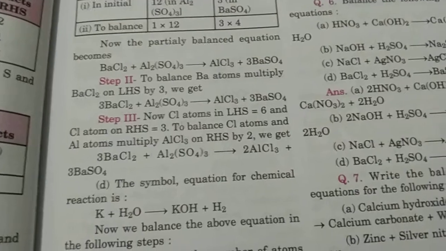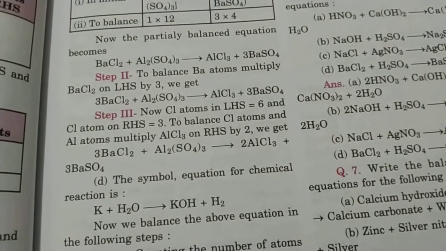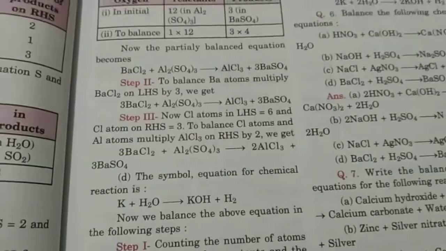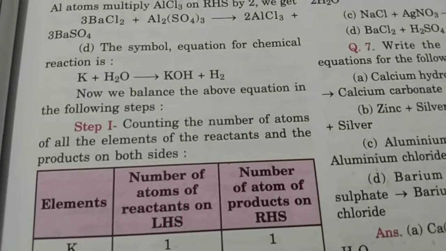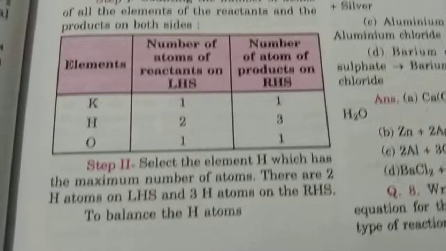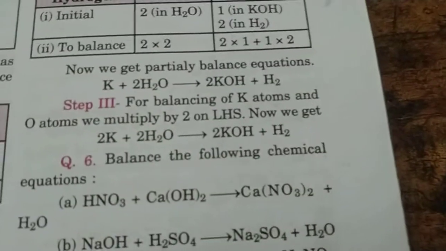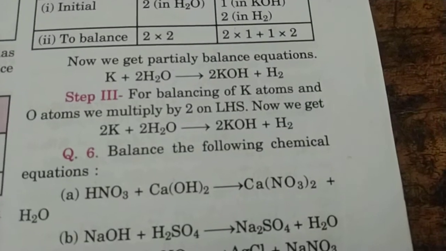And to balance the equation, the symbol equation is K plus H2O gives KOH plus H2. And then finally 2K plus 2H2O gives 2KOH plus H2.